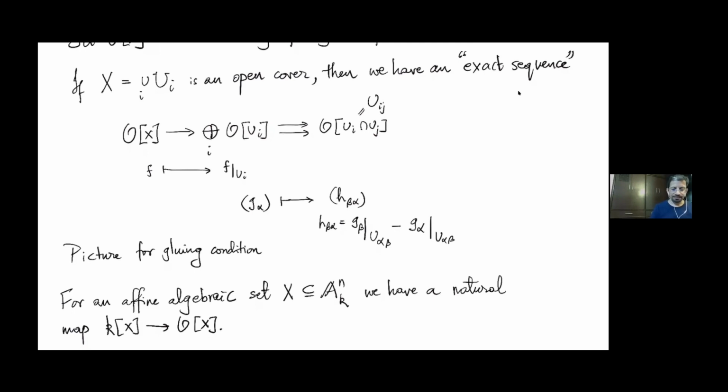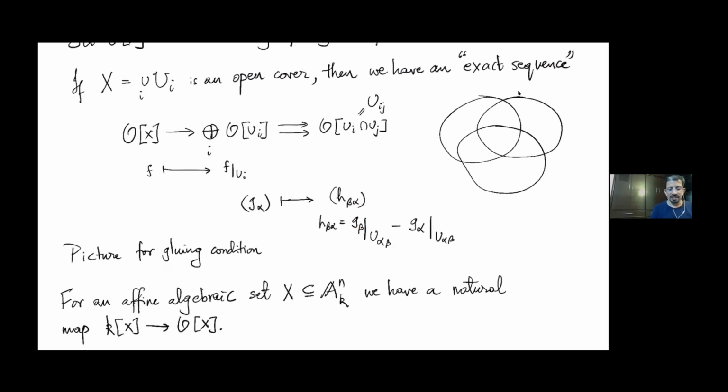I meant to draw a gluing picture here. Let's say I have sets here. What it means is that every function here goes to a function here which will have equal images in these.